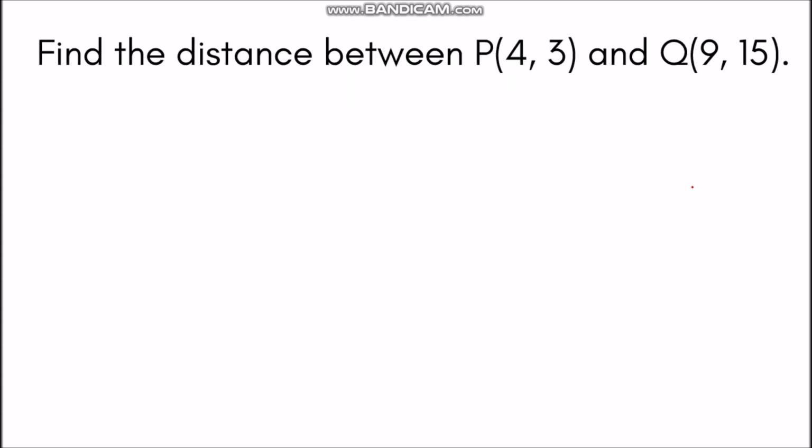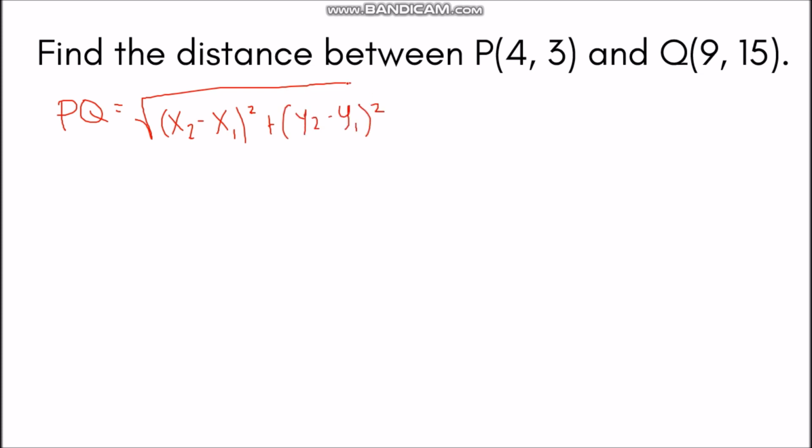So for example, we need to find the distance between point P and point Q, which are (4, 3) and (9, 15). Now again, the formula to get PQ is the square root of x sub 2 minus x sub 1, then squared, plus y sub 2 minus y sub 1, then squared.